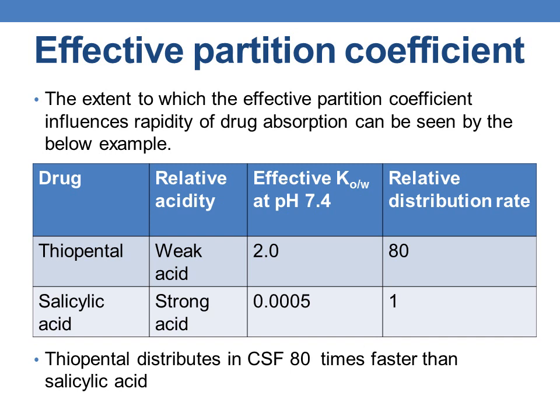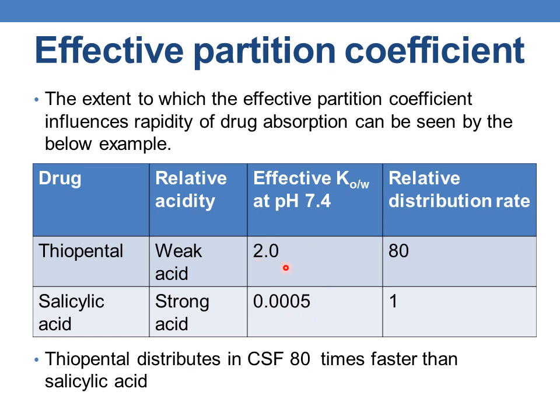The effective partition coefficient is also used to determine the rapidity of drug distribution. For example, when we take two drugs, thiopental and salicylic acid, thiopental is a weak acid whereas salicylic acid is a strong acid. The effective partition coefficient of thiopental at pH 7.4 is 2, whereas that of salicylic acid is just 0.005.